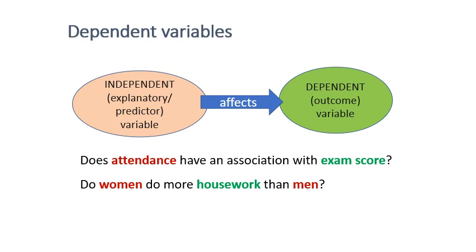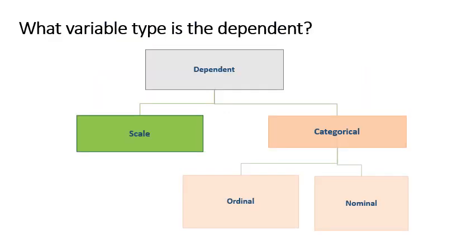Or if you are investigating whether women carry out more housework than men, we would say that gender is independent and housework is the dependent. Then the types of variables that you're going to look into: is your dependent variable scale or categorical, and if it's categorical, is it ordinal or nominal?